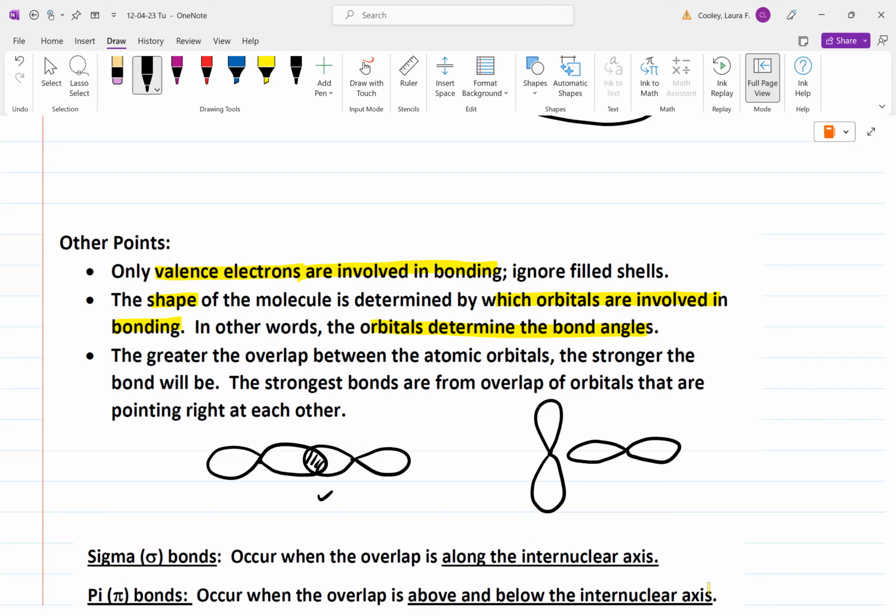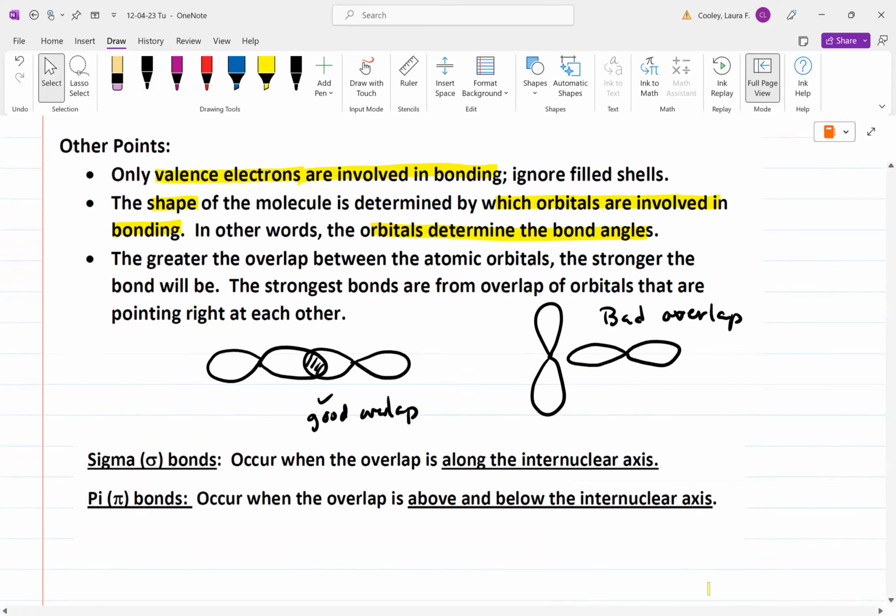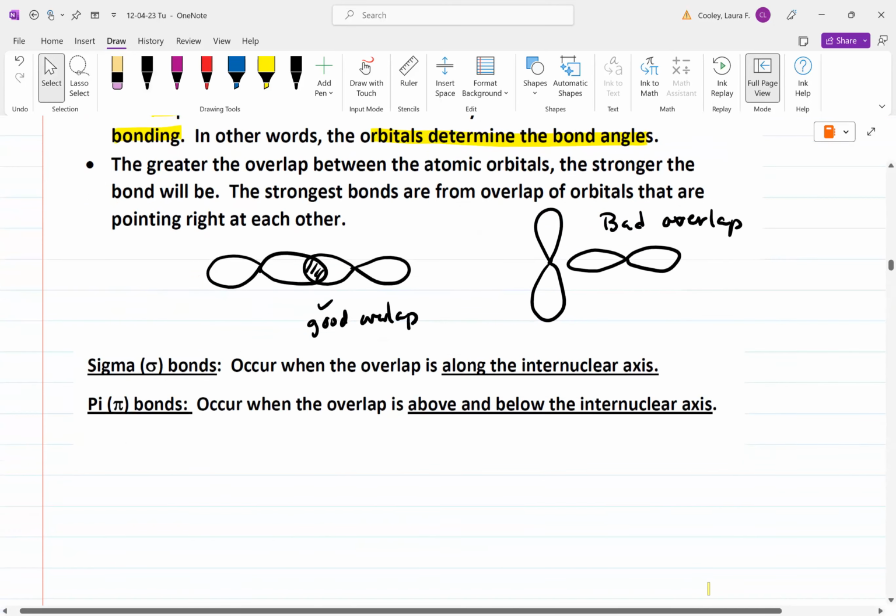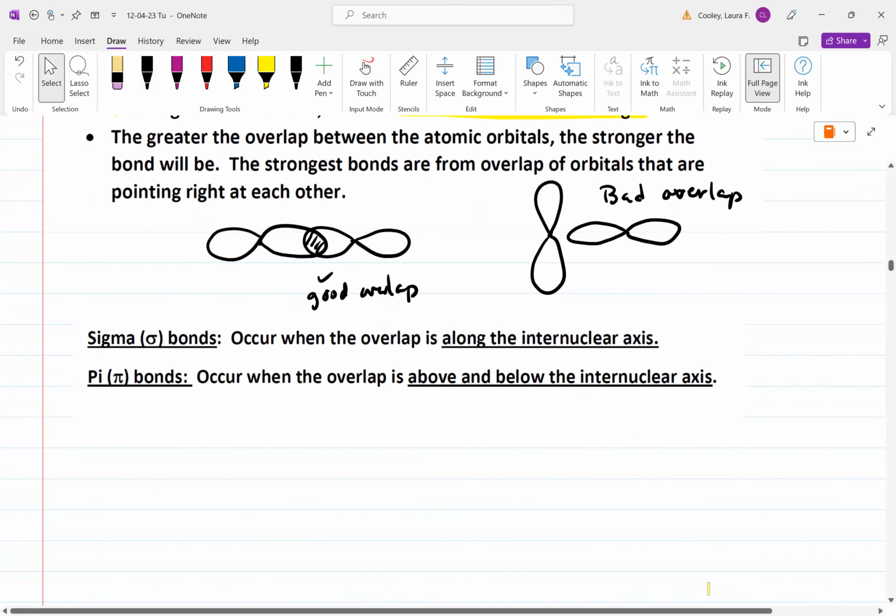Notice here, this bond is trying to come into this other p orbital in a region where there isn't much to overlap with. So this is what I would call bad overlap, and this is good overlap. But anyway, we won't run into too much of that. We have pretty simple overlaps between similar orbitals.